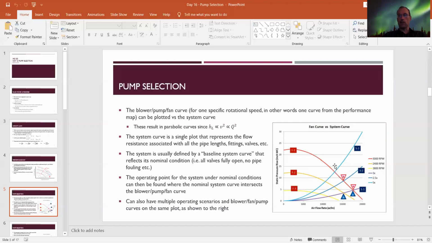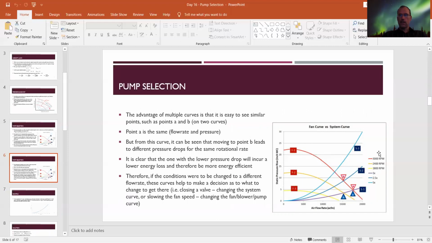That's how I know what's going to happen to the water in my system. Now the advantage of having more than one curve on here is that it's easy to see what happens if you want to change things. For example, I started off with my fan F1, this red curve, and my system S1, this purple curve.